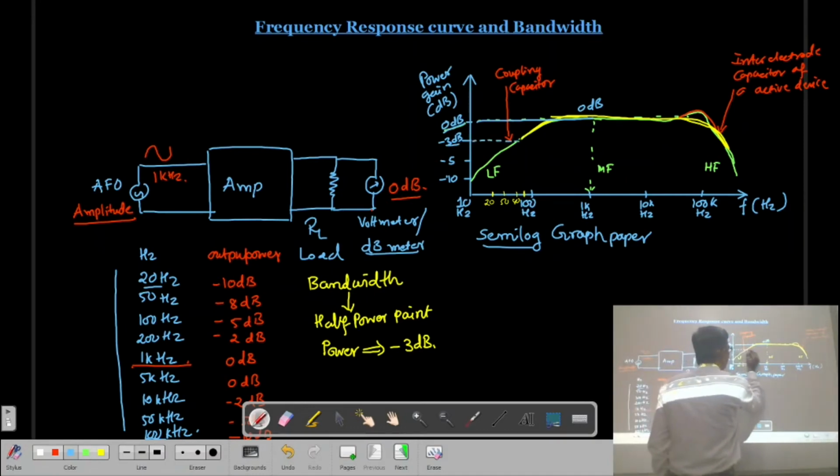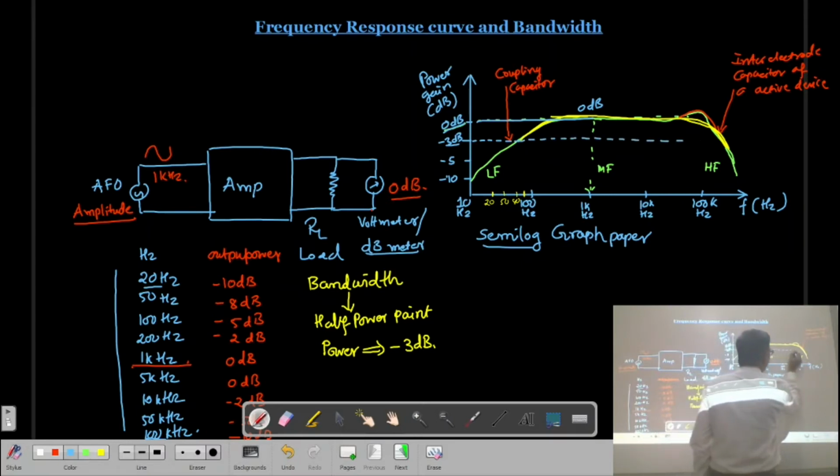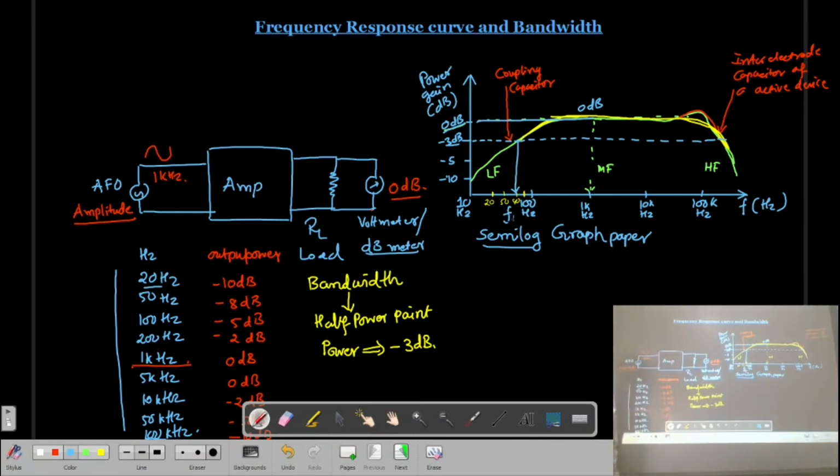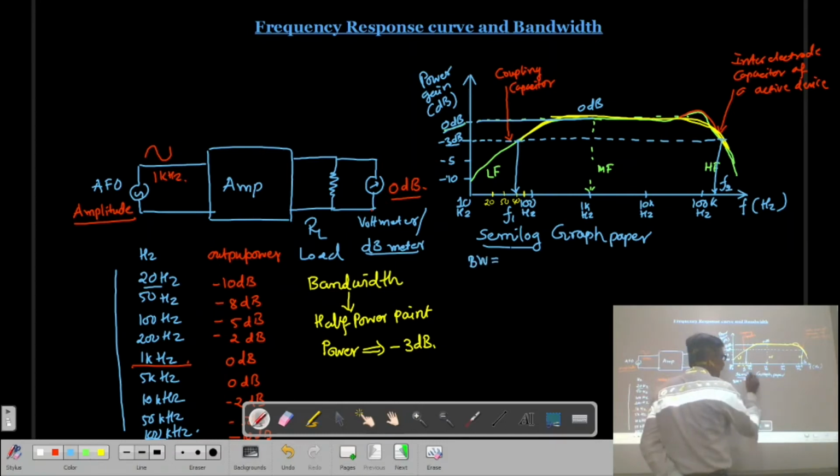So from this minus 3 dB, if we draw this line, then this line is intersecting the curve at this point, and this is representing F1, that is known as the lower cutoff frequency, and this line is intersecting at this point, that is known as F2, the upper cutoff frequency. So the bandwidth is represented as the upper cutoff frequency minus the lower cutoff frequency.